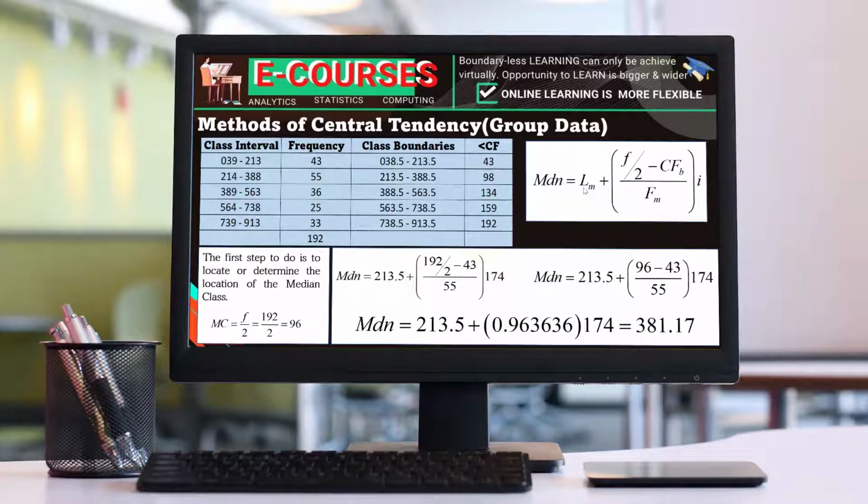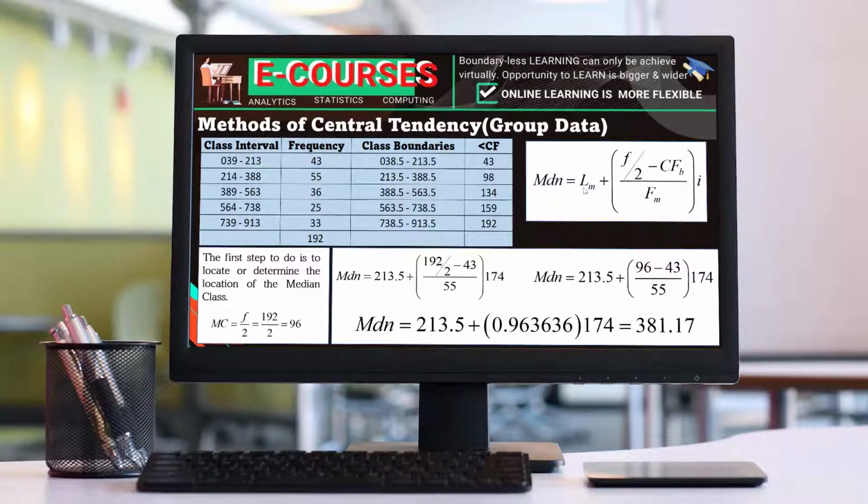Applying the values: 213.5 plus the quantity 96 minus 43, over 55, times 174. First do 96 minus 43, divide by 55, multiply by 174, then add 213.5. We apply the PEMDAS rule.